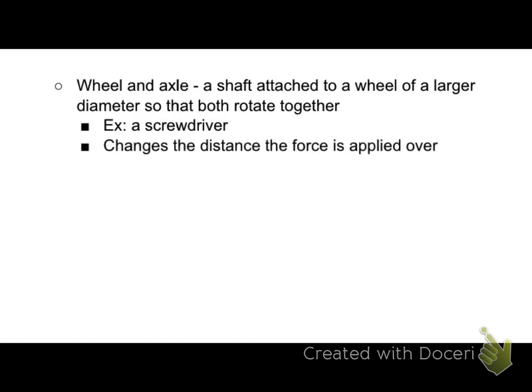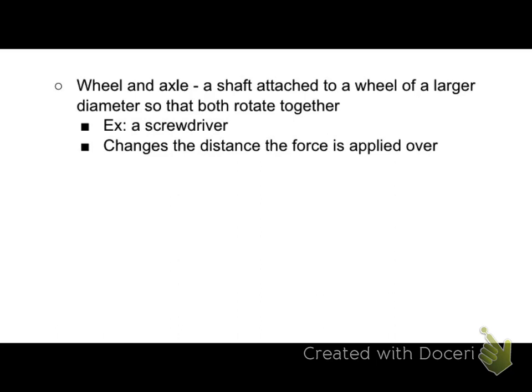And that's because this is going to change the distance that the force is applied over. So just like with the lever, making the lever longer changes the distance, having the diameter of the handle be larger means that you move it a larger distance. So think about it.